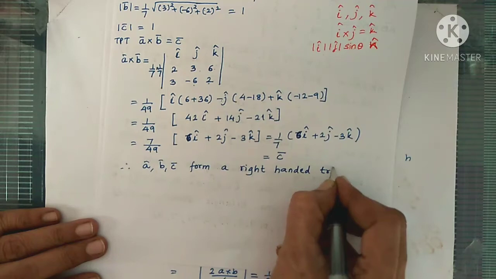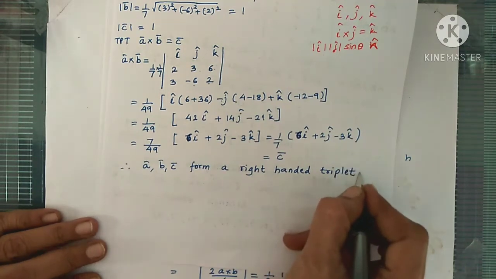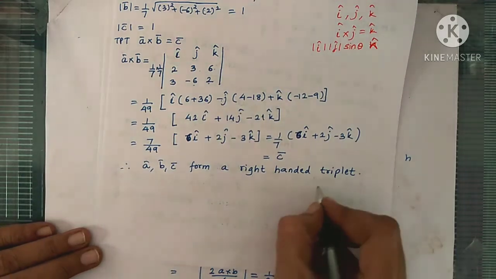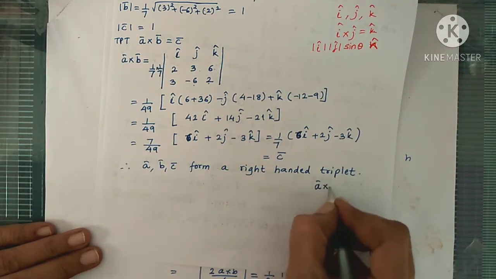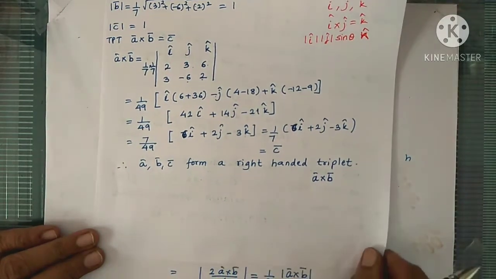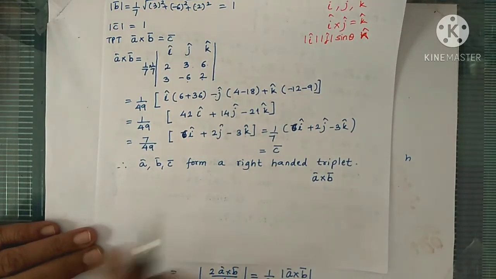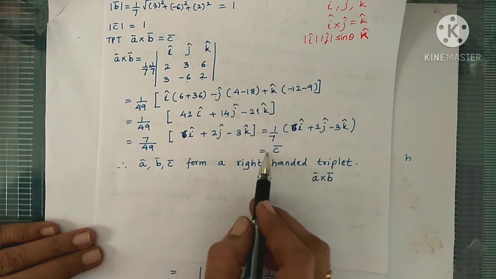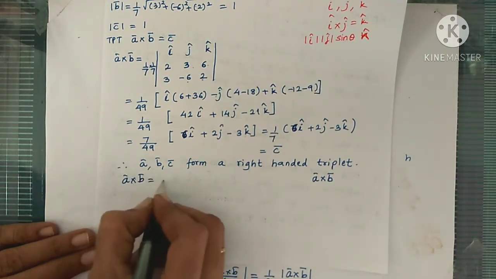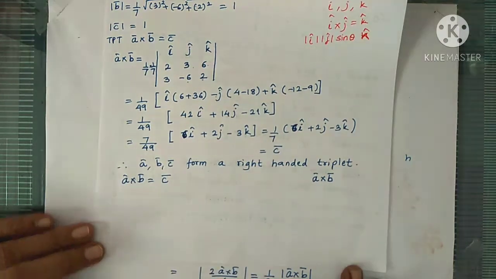Now the only thing left is we have to prove that those are mutually perpendicular vectors. But we know that if we have A bar cross B bar vector, then A bar cross B bar is always perpendicular to A bar and B bar both. And here we have proved that A bar cross B bar is C bar. That means C bar is perpendicular to A bar and B bar.